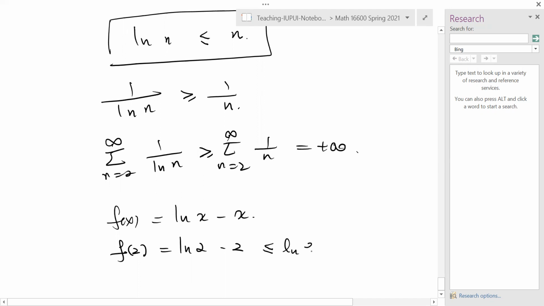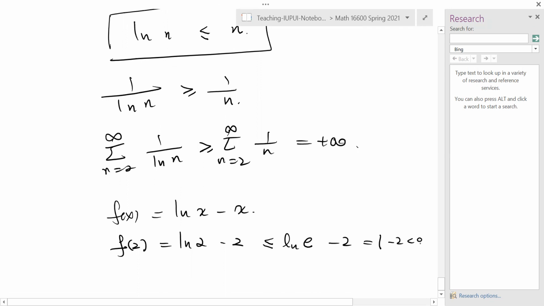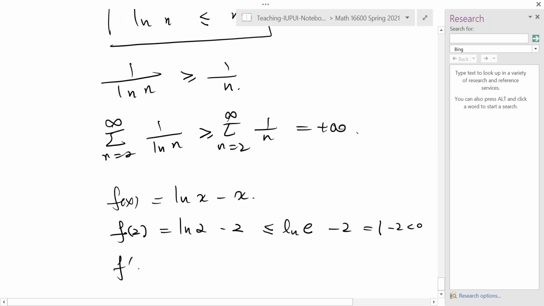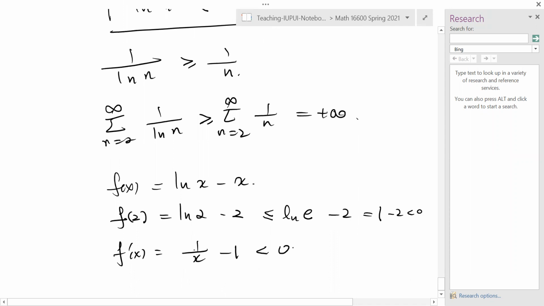Well, natural log 2 is less than natural log e, because 2 is less than e, and that is 1, so it's 1 minus 2, less than 0. Then the derivative is 1 over x minus 1, which is also less than 0, because x is greater than 2. Actually, x greater than 1 is enough.